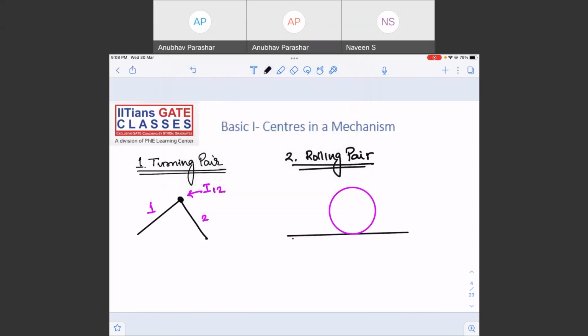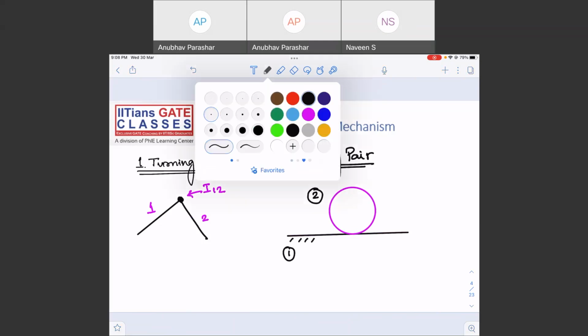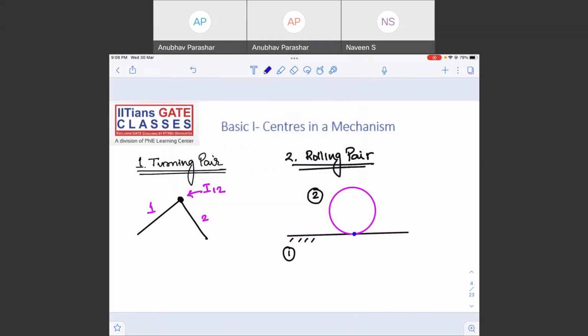Let me say the fixed link is 1 and the rolling member is 2. The I center will be at the connecting point I12. These are some of the very simple objective questions that are being asked. What is the I center of a rolling pair, a sphere rolling on a surface? This is basically the point of contact.